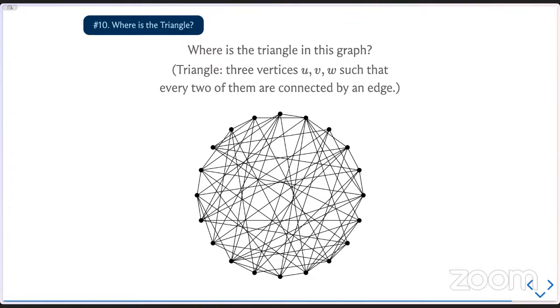From all the squinting that I did, I couldn't find one quickly, but I do think that given that there are a large number of edges in this graph, I've only counted roughly, there are results which tell you that there are only so many edges that you can have while still avoiding triangles.